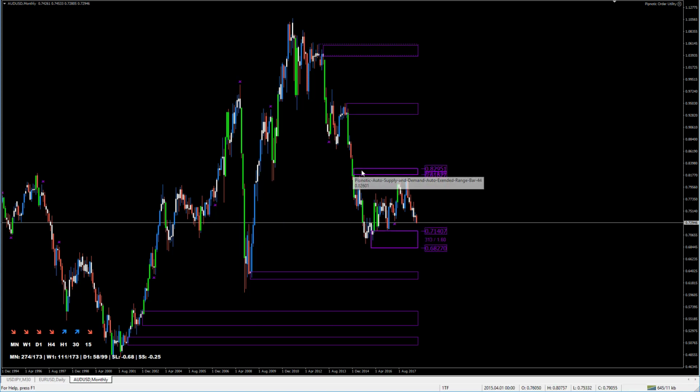So we're reacting between this parent, which is probably a daily or a weekly area, and this one here. This is the deepest one. So price will probably attract some buying once it comes down to here, and selling once the price comes up here.